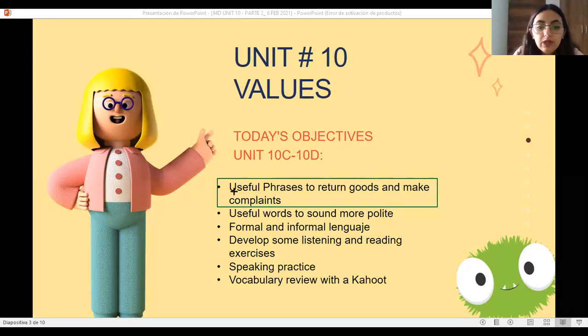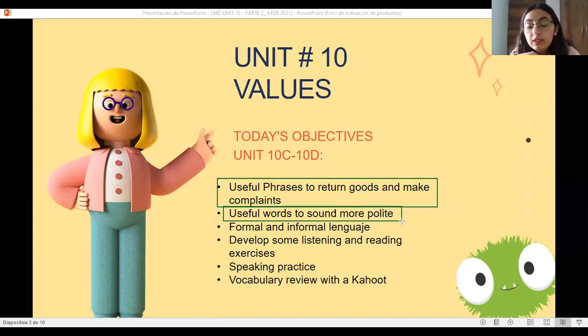And also you will see two small things you can add into a conversation so you can sound more polite. Sometimes when you are talking, you want to give your comment, but you are thinking if it's quite polite or not.